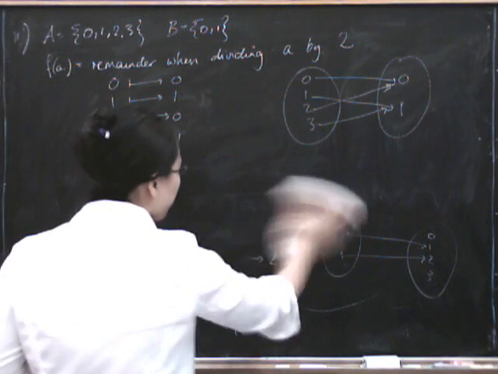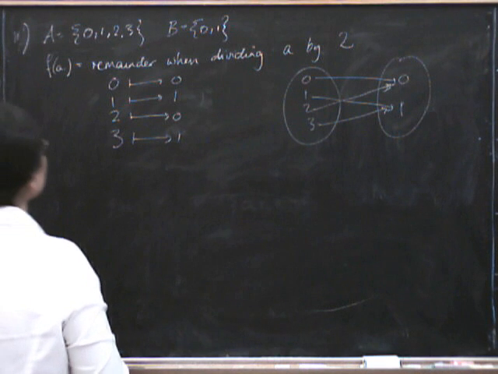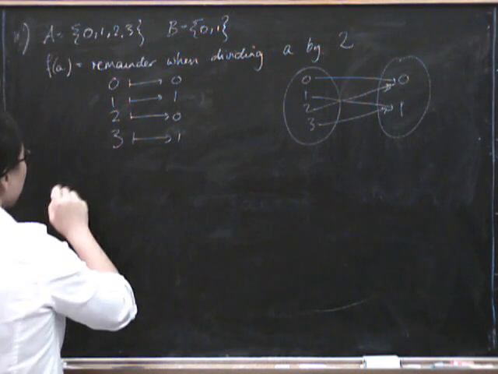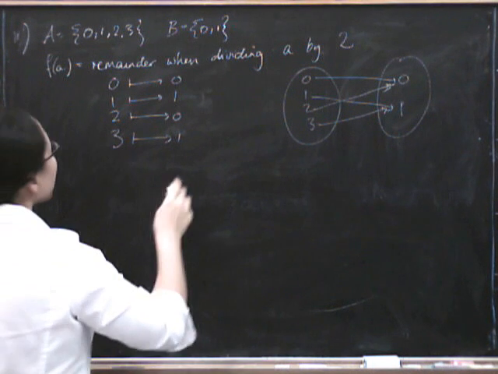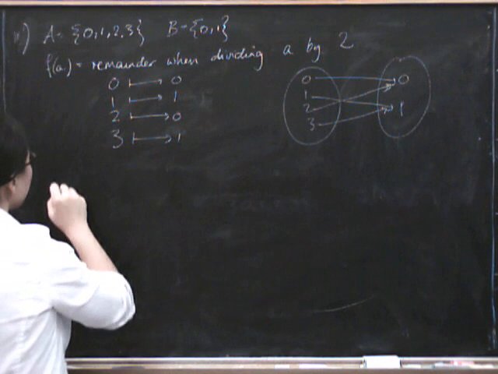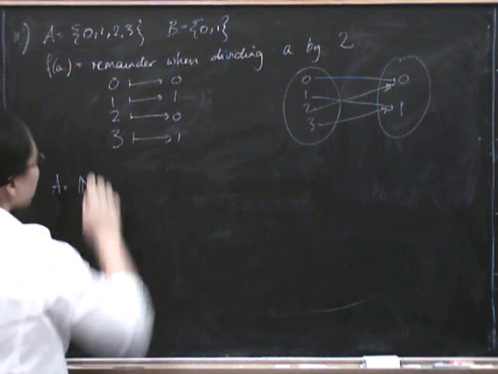So we could do this again. So we could take B to be 0, 1, and 2, and we could take A to be a much bigger set, right? So we could take A to be all the natural numbers.